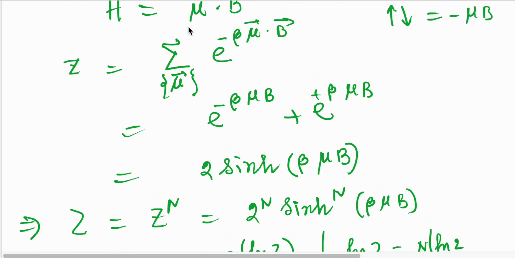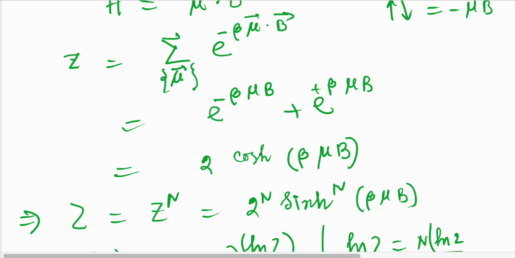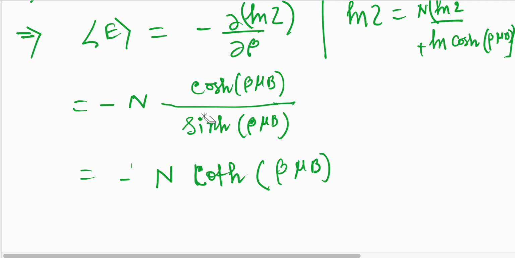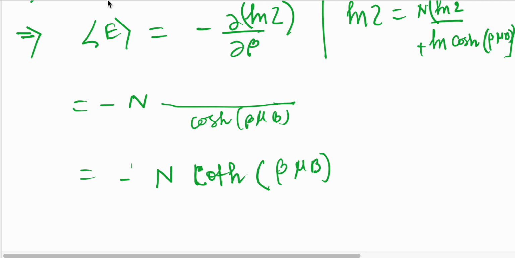Okay, it is not sine, actually it is cos. So this is cosh beta mu B in the numerator, and sinh beta mu B in the denominator.